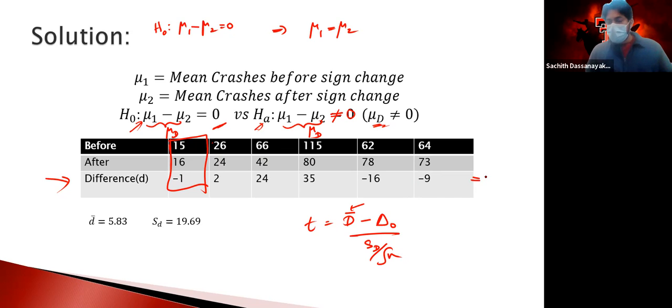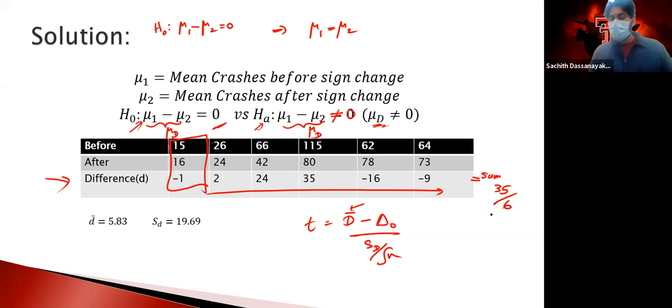After that, get the sum. You can see negative and positive cancel, and what's the sum? This is going to be 25, 26, so this is going to be -2. This cancels, so the sum is going to be 35, right?